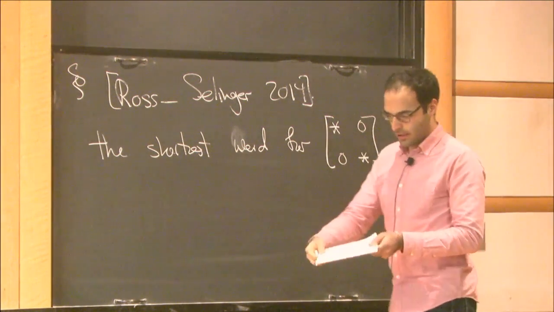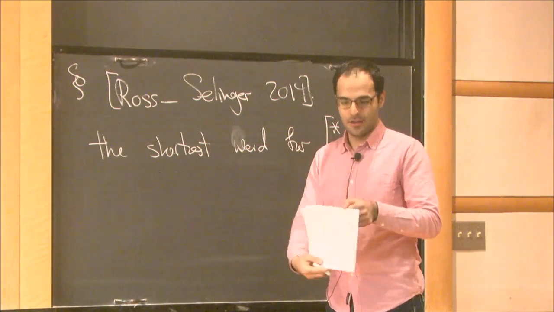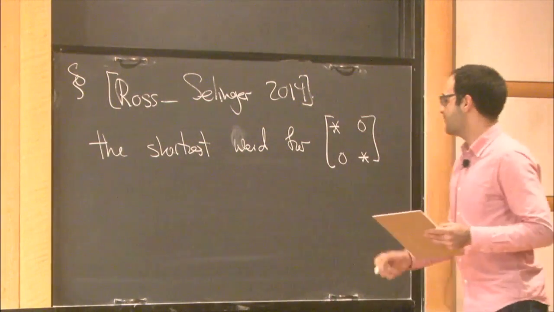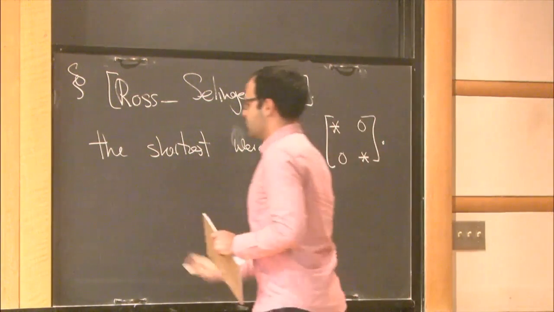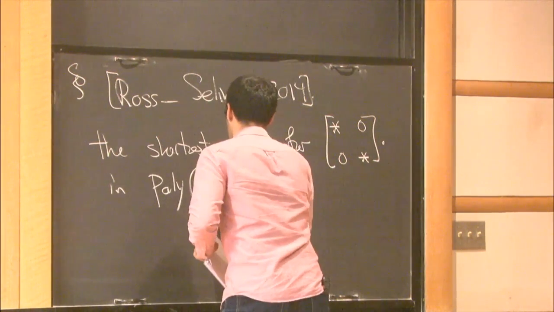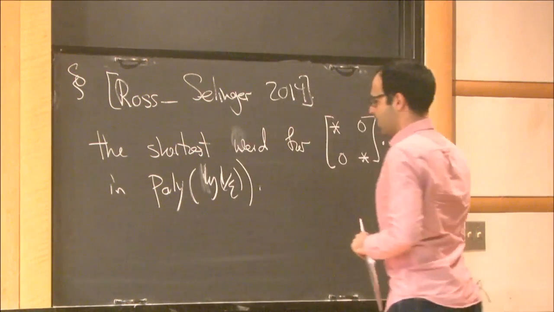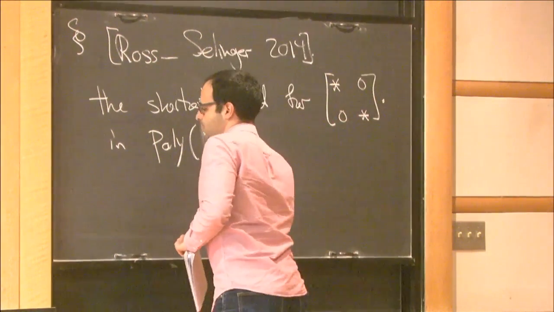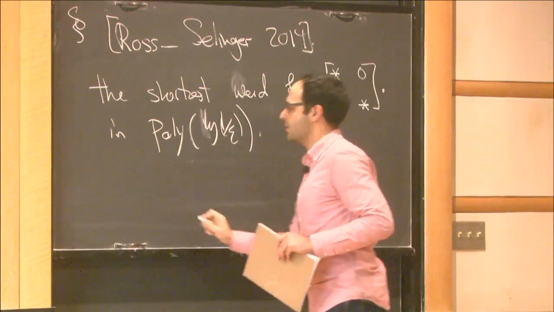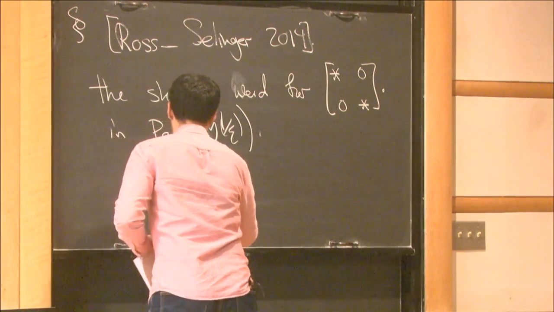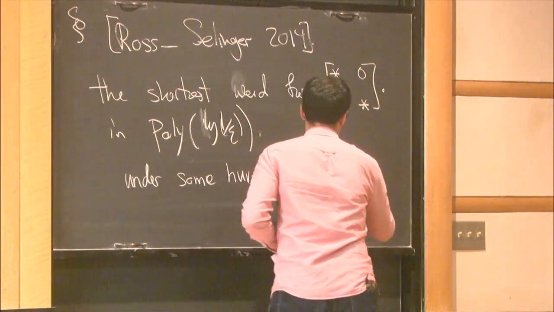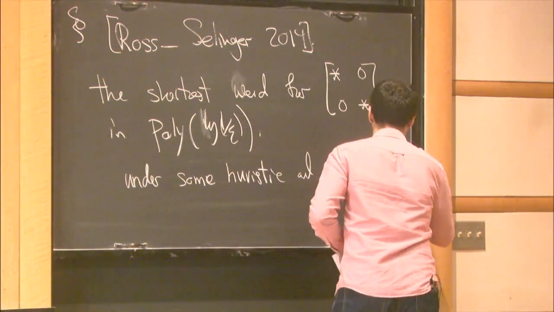So if I only allow myself to move this rotation about the x-axis, I can find the shortest word in poly of log of 1 over epsilon time. But they have some heuristic assumption. The main point is that this has been implemented and it works fast, under some heuristic and a polynomial time algorithm for factoring integers.